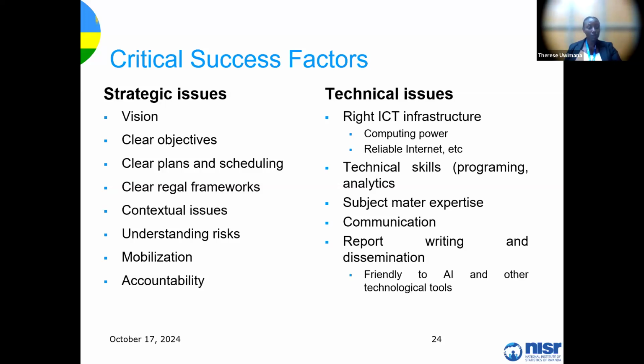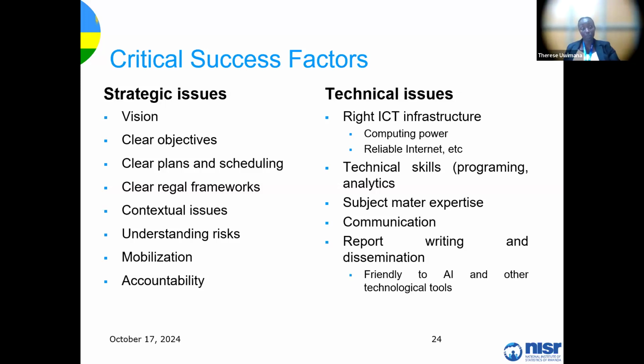We need to really think through that, so that we make good benefit out of it. We need to also have clear and relevant legal frameworks in place, but also understand our context. The context of Rwanda might be different from any other country. So we need to understand our local context. Also understand risks, but we don't have to fail to try.